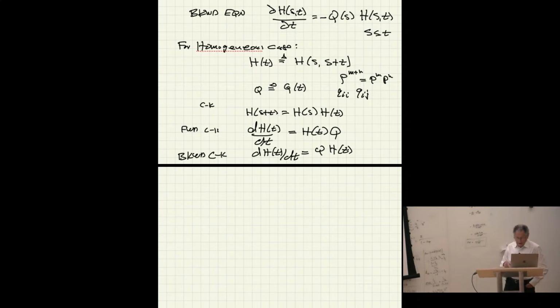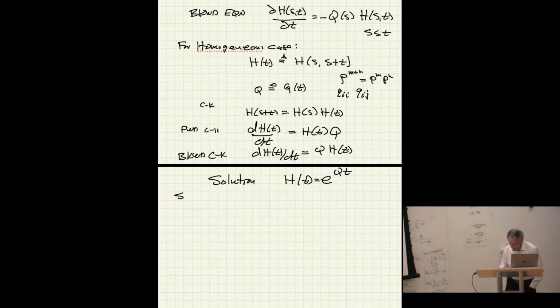And once you've got that in the homogeneous case, the solution of this equation is that H of t, no surprise, is e to the Qt, a matrix equation. No surprise an exponential comes in when you see either of the two equations above. That almost smells like an exponential, and it is.